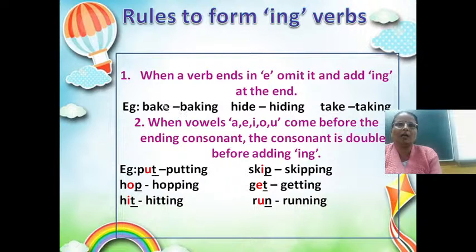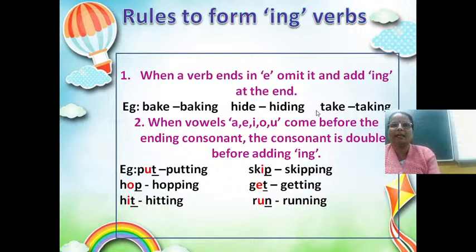You see the last letter is E. So here we have to omit E and add ing. That's why when we added ing and formed baking, you will not see E here. Instead, we have added ing instead of E.